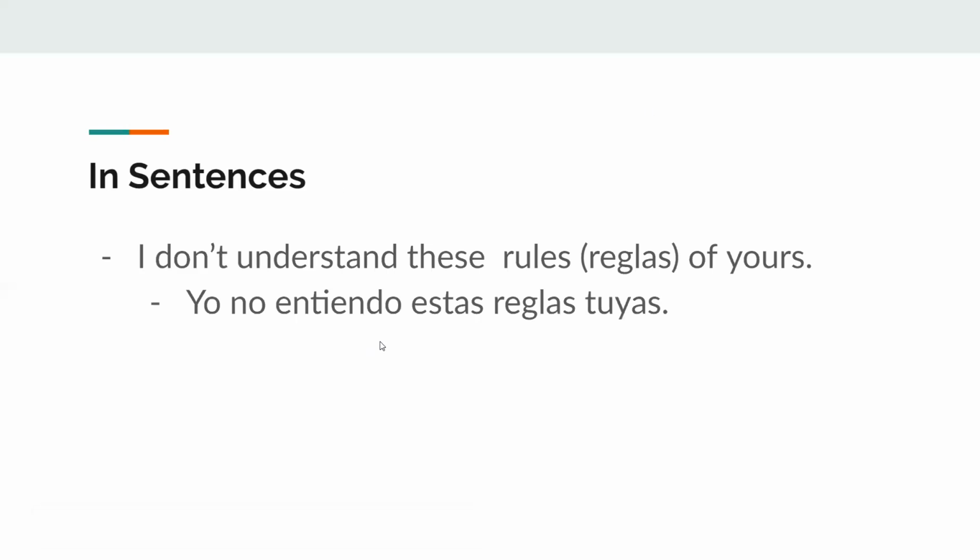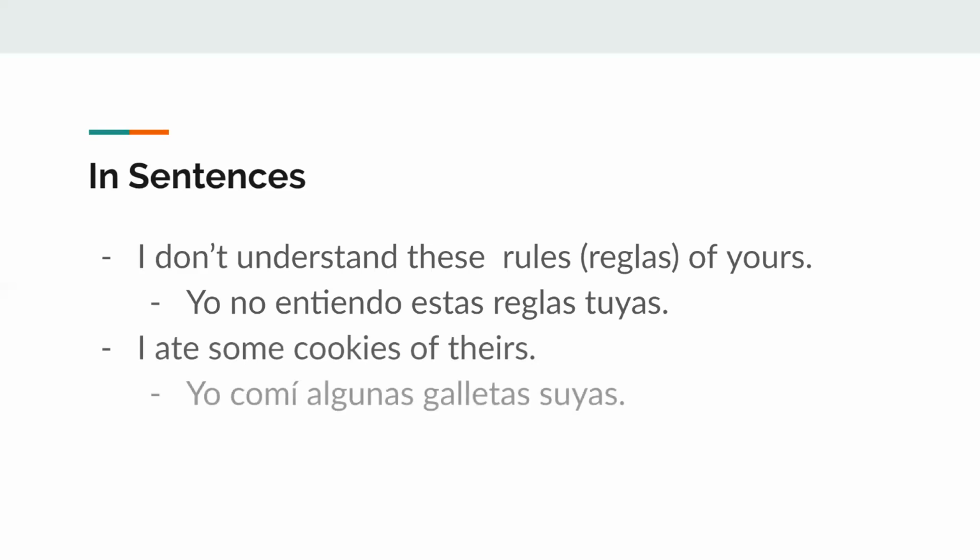I don't understand these rules of yours. This can really only be done in that new way. And here's the other one. I ate some cookies of theirs. Yo comí algunas galletas suyas. Some cookies of theirs.